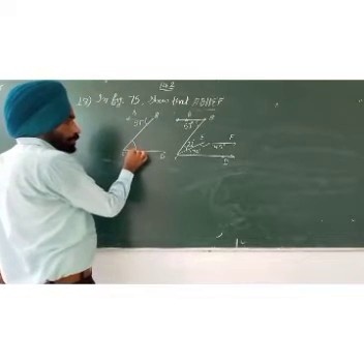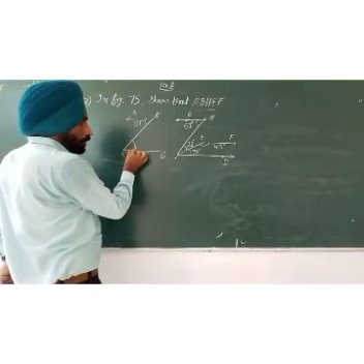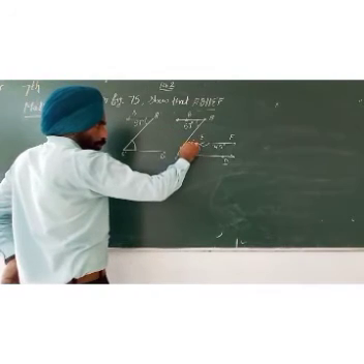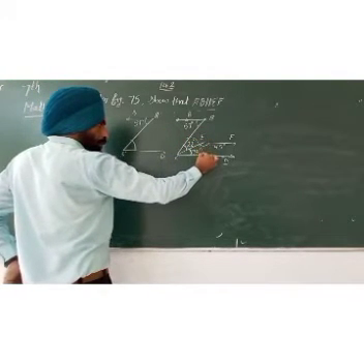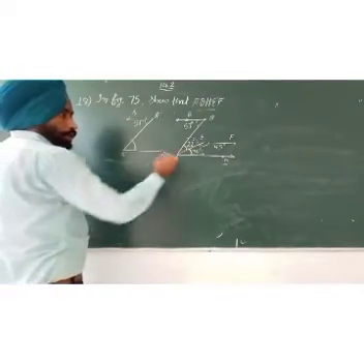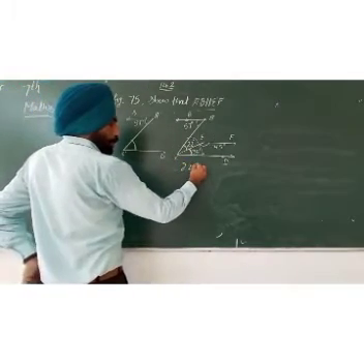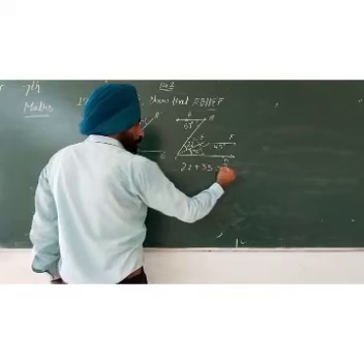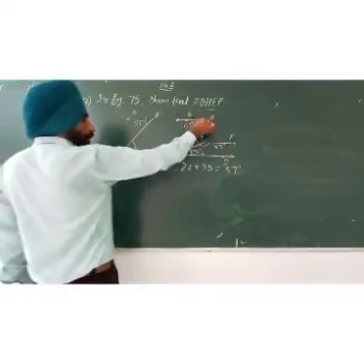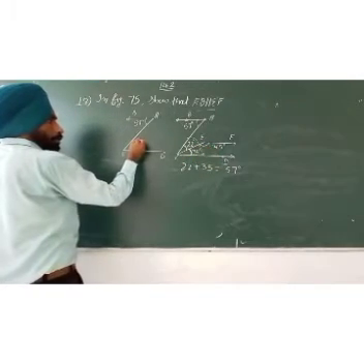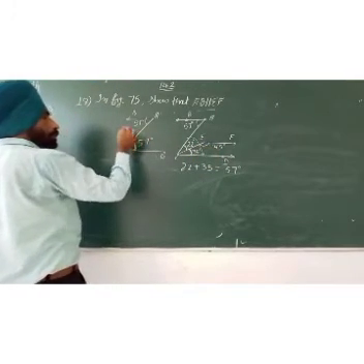And what is the value of this angle? This angle will be equal to 22 plus 35, the sum of both. So 22 plus 35 is equal to 57. So this angle ACD is also equal to 57.